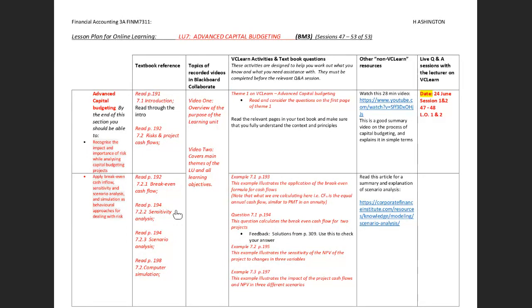So just remember, with sensitivity analysis, we have got a project that's got various inputs, different variables that will affect the outcome of our project.